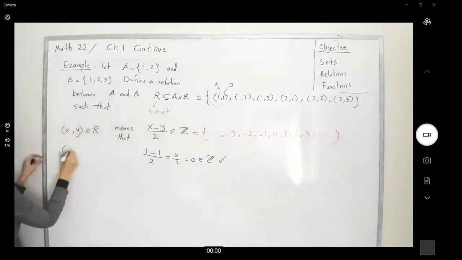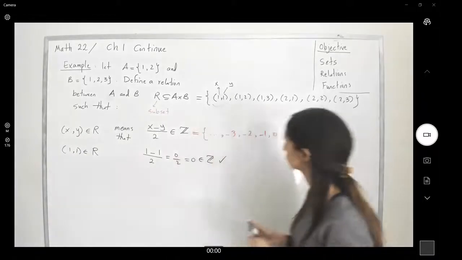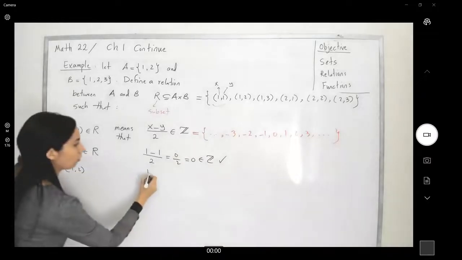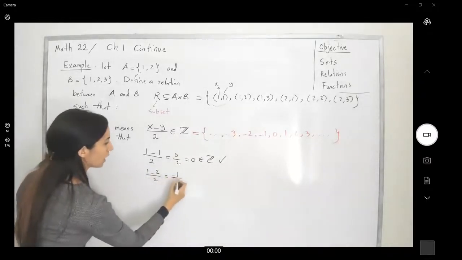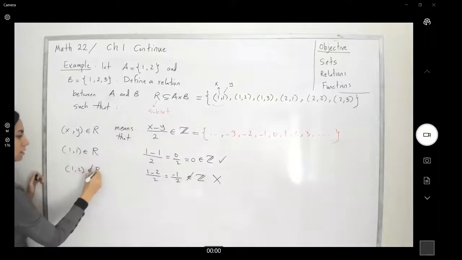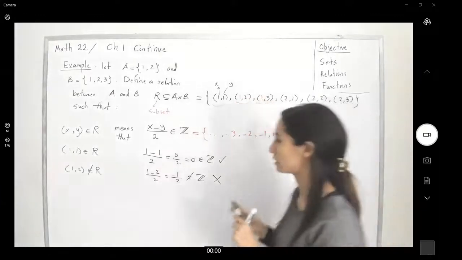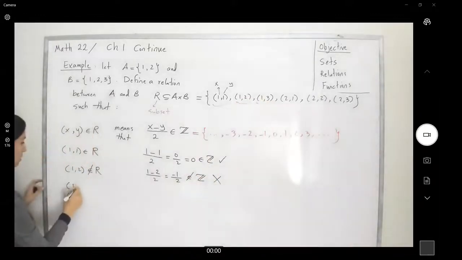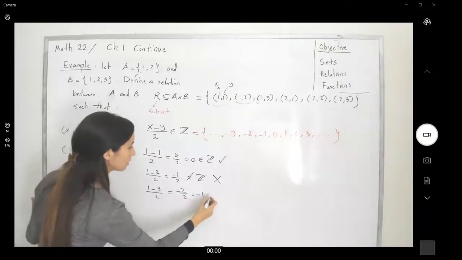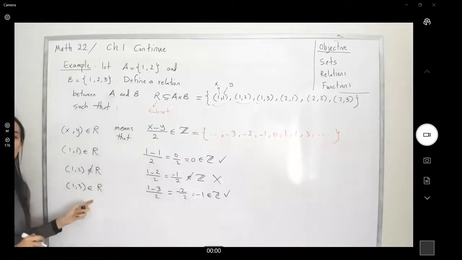So (1, 1) is the first member in R. What about the second one, (1, 2)? 1 minus 2 divided by 2 is -1/2, which is not an integer. So it is not in R. What about the third one, (1, 3)? 1 minus 3 divided by 2 is -2 over 2, which is -1, which is an integer. Perfect, I found another point in this relation.